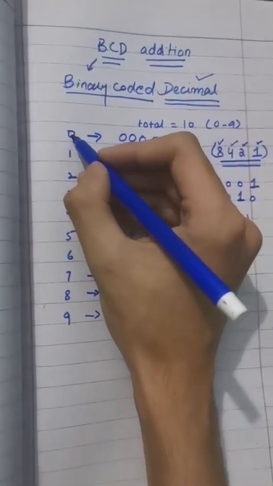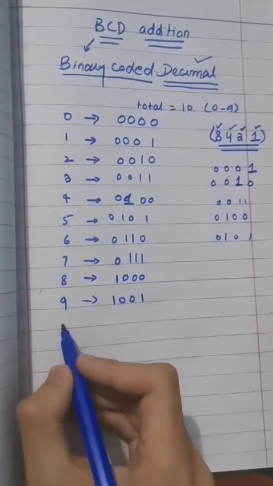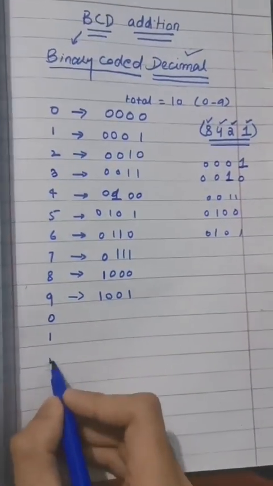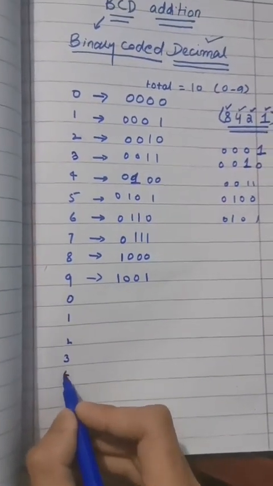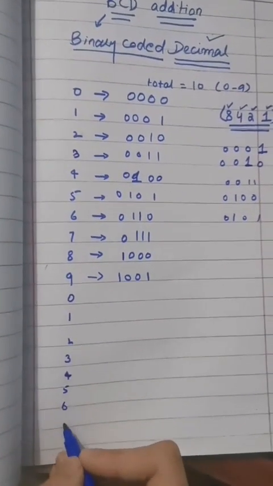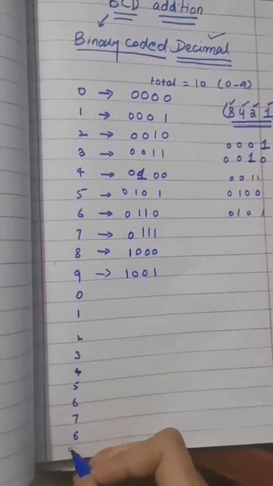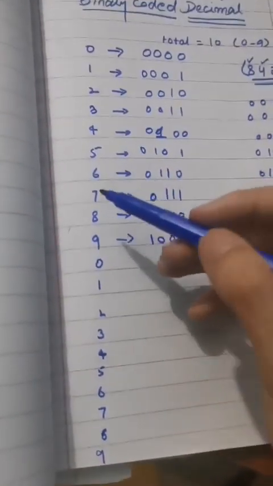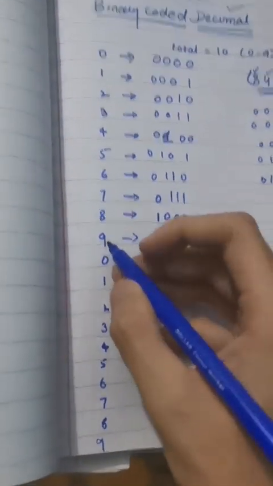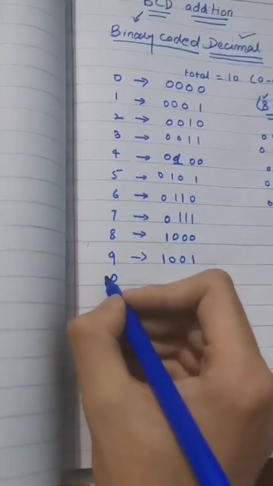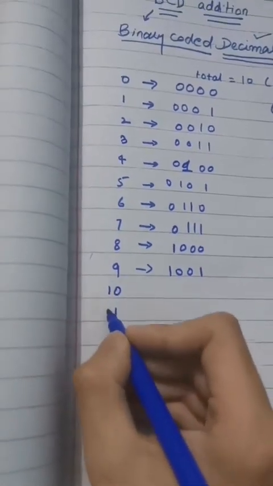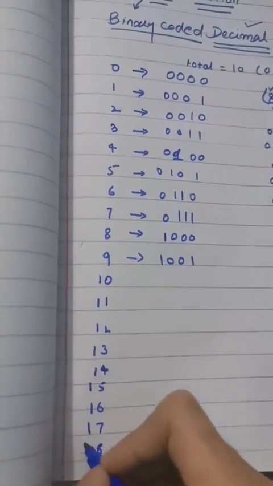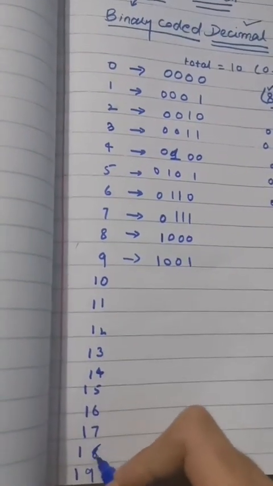Let me show you how it repeats: I again have 0, 1, 2, 3, 4, 5, 6, 7, 8, 9. Now what I need to do is simply add 1 beside each term. So I'm going to add 1 here, 1 here, 1 here, again.